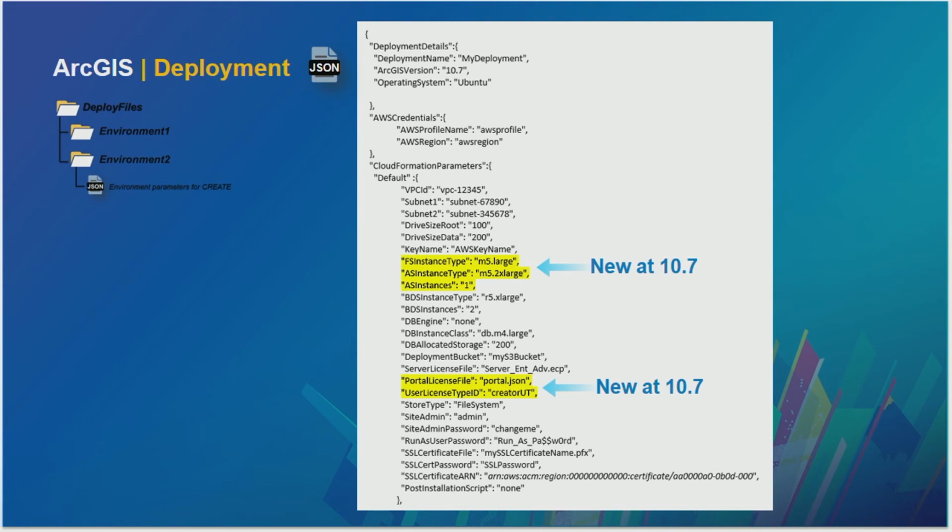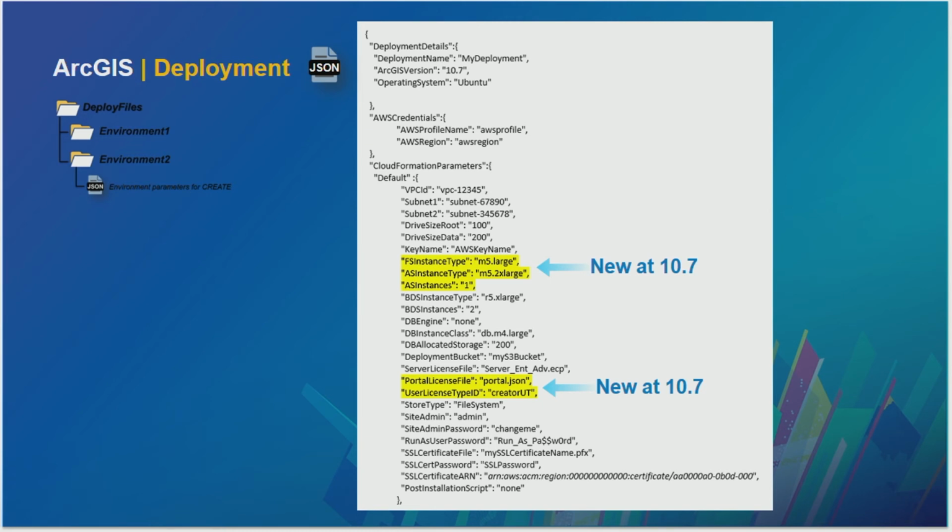So this is the example of the JSON file. This is the 10.7, and as you can see, we have some new categories here. We have our file server instance type, and we have now included the new generations of the M5 machines; before, we limited it to the M4s. These are now available at 10.7.